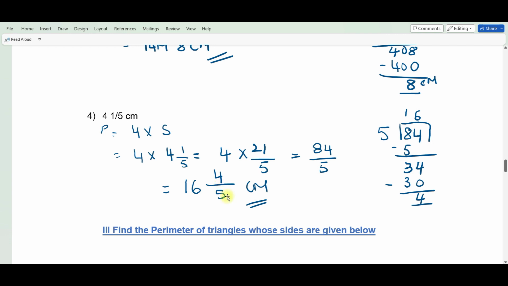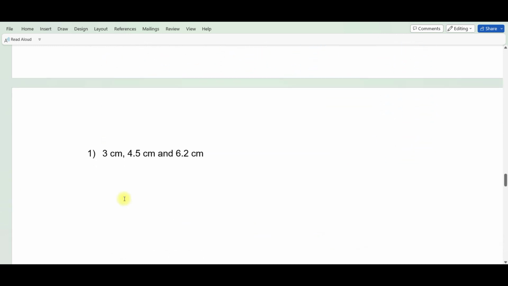Now let us understand the perimeter of triangles. We have the first question, that is 3 centimeters, 4.5 centimeters and 6.2 centimeters. This is a very simple question. You can easily solve it. The perimeter of a triangle is just adding the sides of it. So I have 3 plus 4.5 plus 6.2.